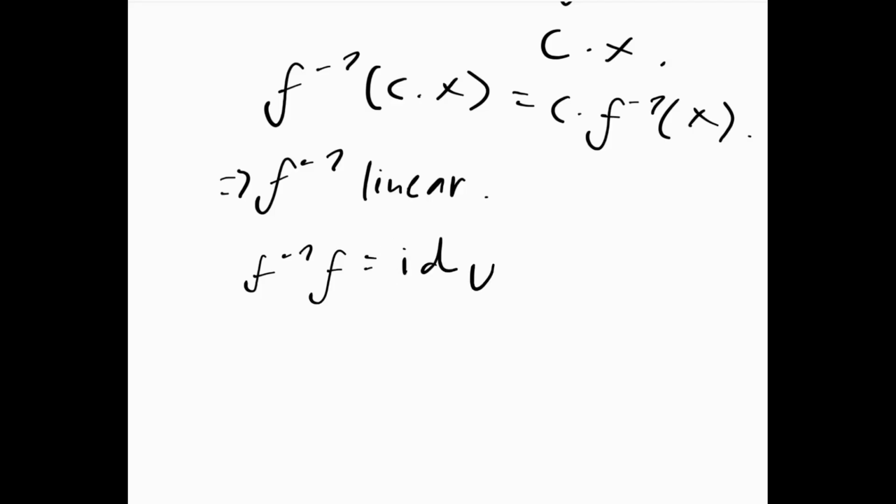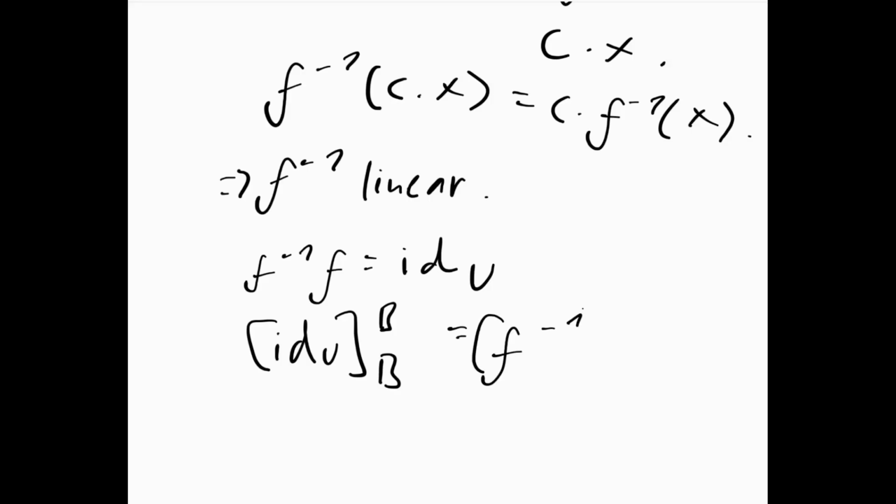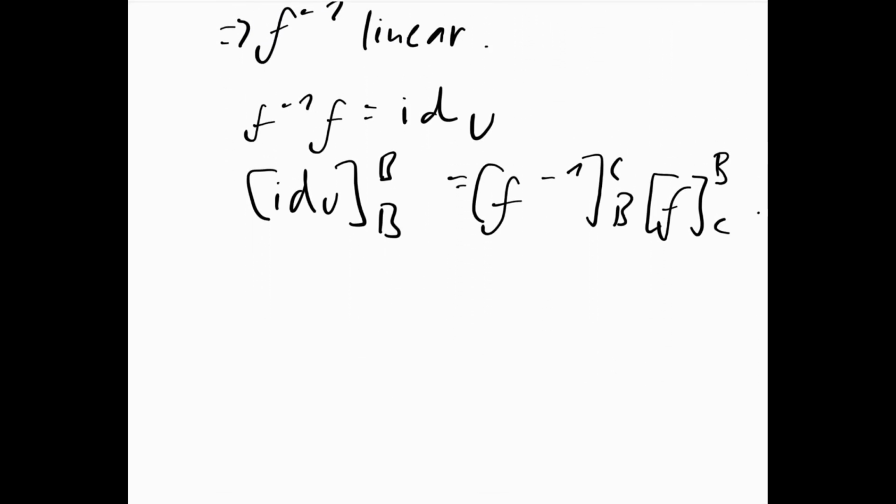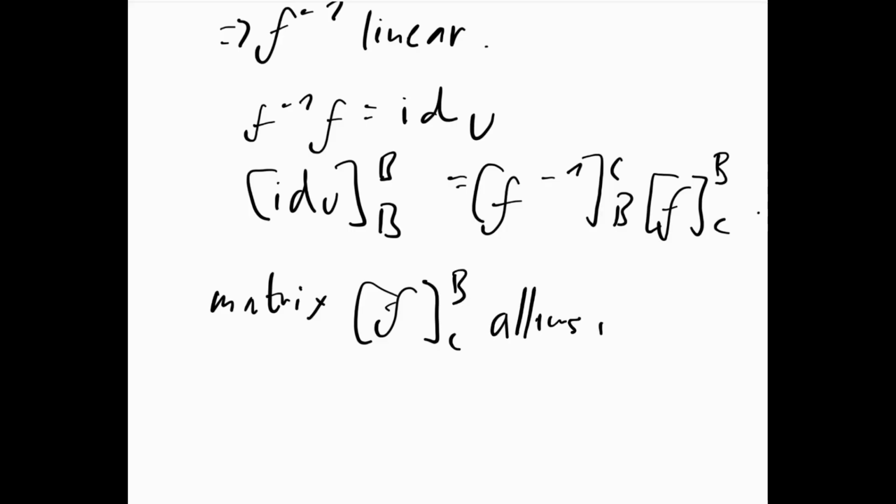The identity on vector space U applies, and there the following holds: the matrix with respect to bases B and B is actually equal to the matrix of F inverse from C to B times the matrix of F from B to C. And the matrix of F with respect to B and C allows an inverse, so it is a square matrix.